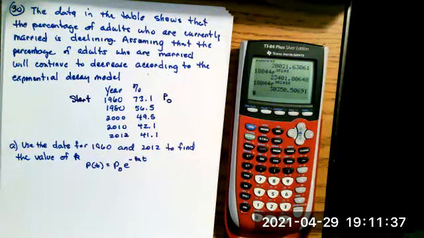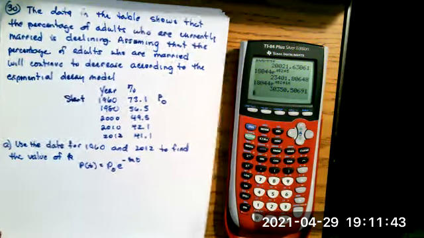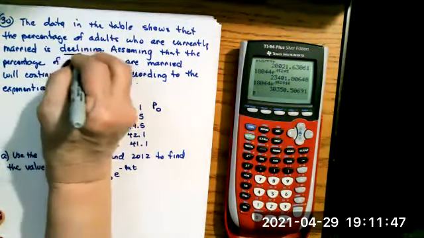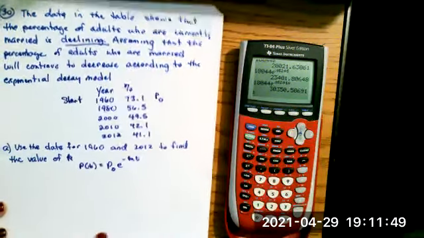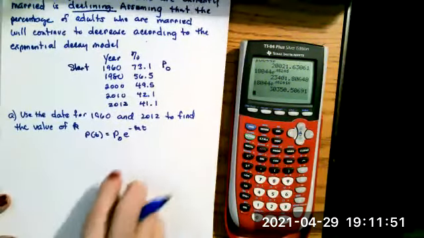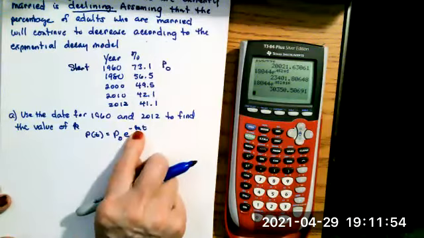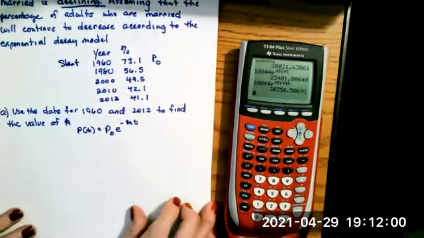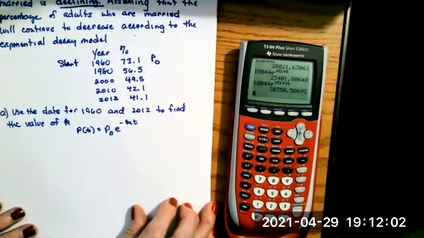Okay? So the first thing that you have to do with these problems that have the data points in them is decide what kind of formula you're going to use. Because it's declining, you're going to use the decay formula. So it's got the negative K in it, not the positive K. So it's P of T equals P sub 0 e to the negative KT.